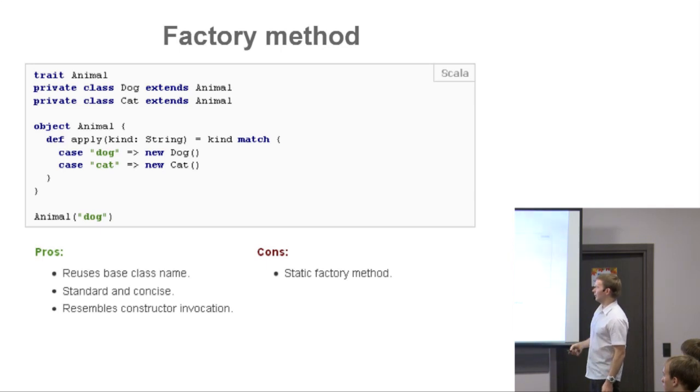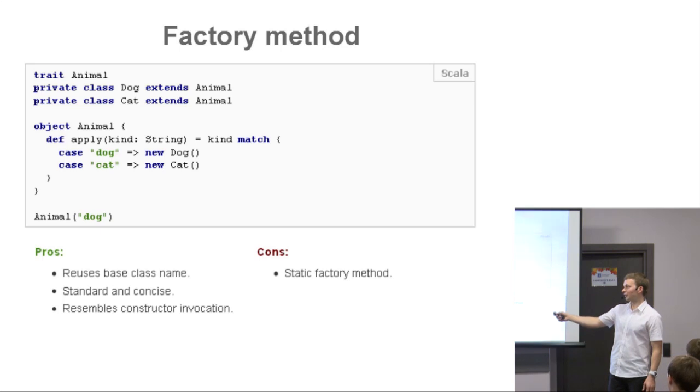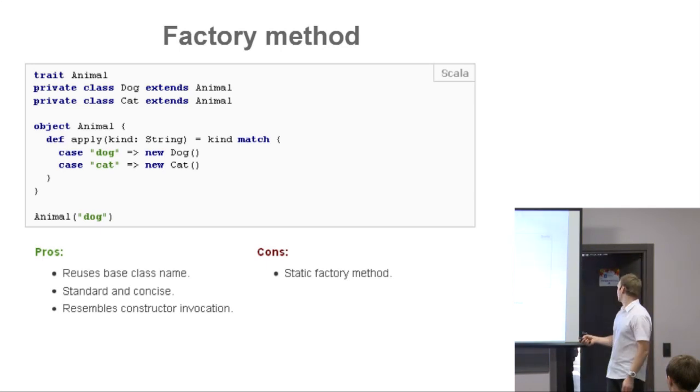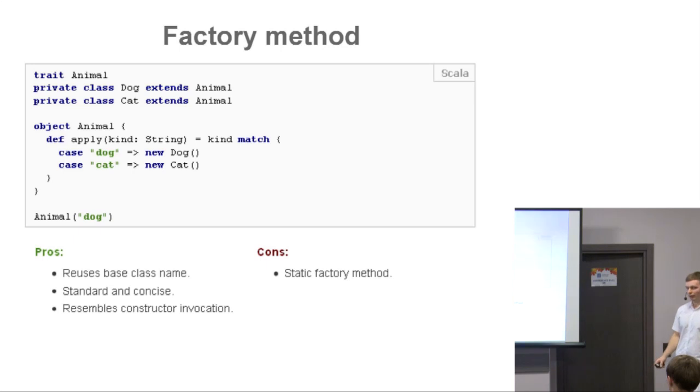And we define an apply method that can be used in a special way, as we can see below. So it resembles a constructor invocation, and it is a standard way to use such factory methods.